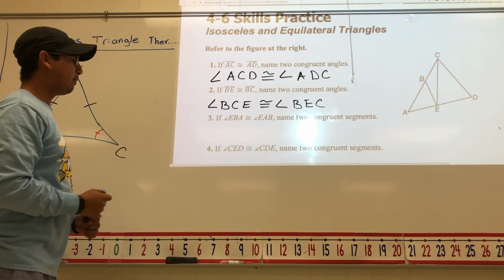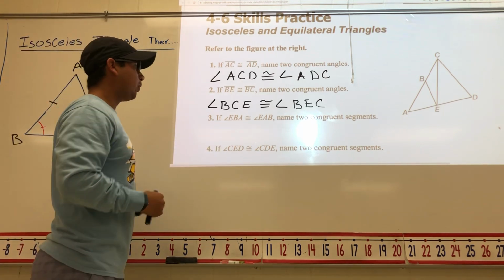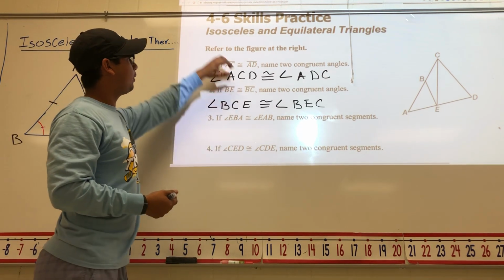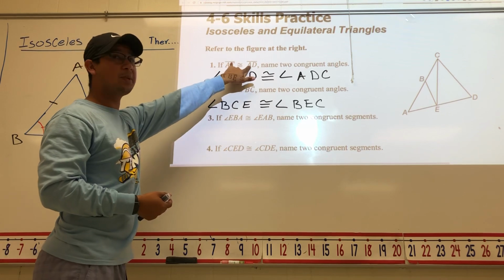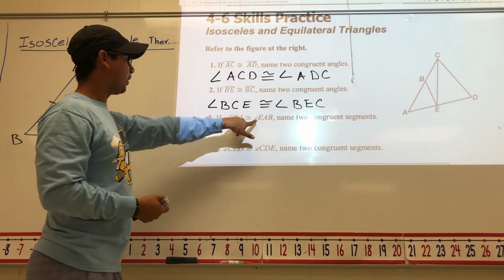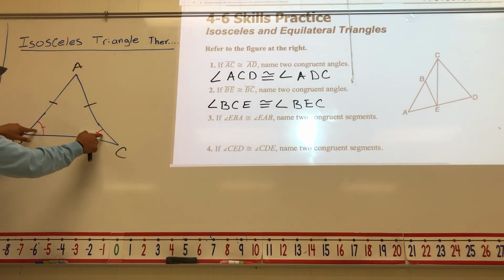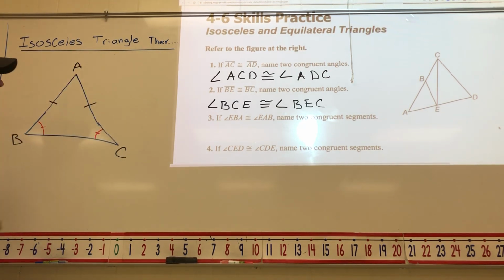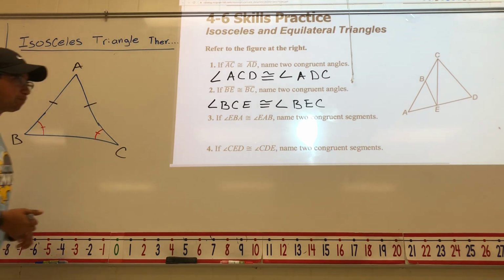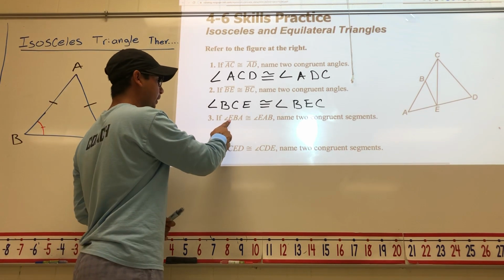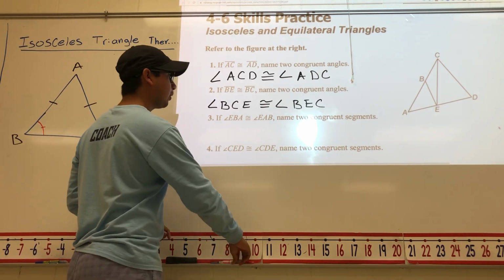The next one we have, if angle, now they're giving us the two angles. So here in questions 1 and 2, they were giving us the line segments. Questions 3 and 4, they're giving us the angle. So we're going to use the opposite rule, right? So if two angles are congruent, that means that two sides of a triangle have to be congruent. Okay? So here we have angle EBA. Let me color code that.